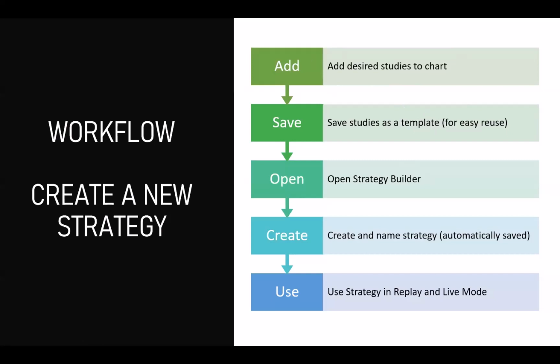Maybe later on you want to modify your strategy, or maybe you close down MotiveWave. If you save it as a template, you can simply reopen all these studies at once on your chart again. Once this is saved, open up your strategy builder and start creating your trading strategy, as Nicola has shown you. Once it's done, try it out, and of course try it out first in replay mode. Once you've tested it sufficiently and you're happy, you can move on to live trading your strategy.